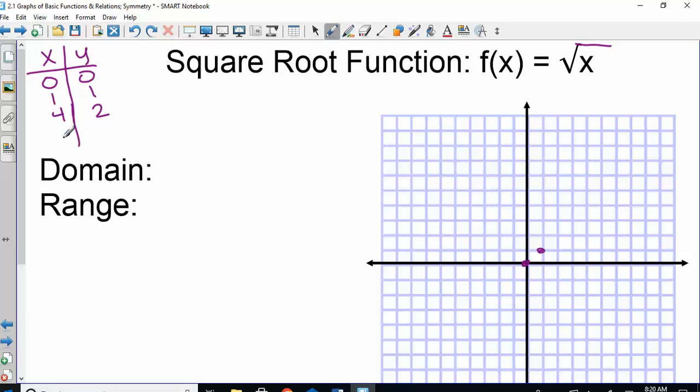Square root of 4 is 2. And square root of 9 is 3. Does everybody know where I'm getting my points? And we said you can't get negative, so it does not extend in the negative direction. It only goes this one way.